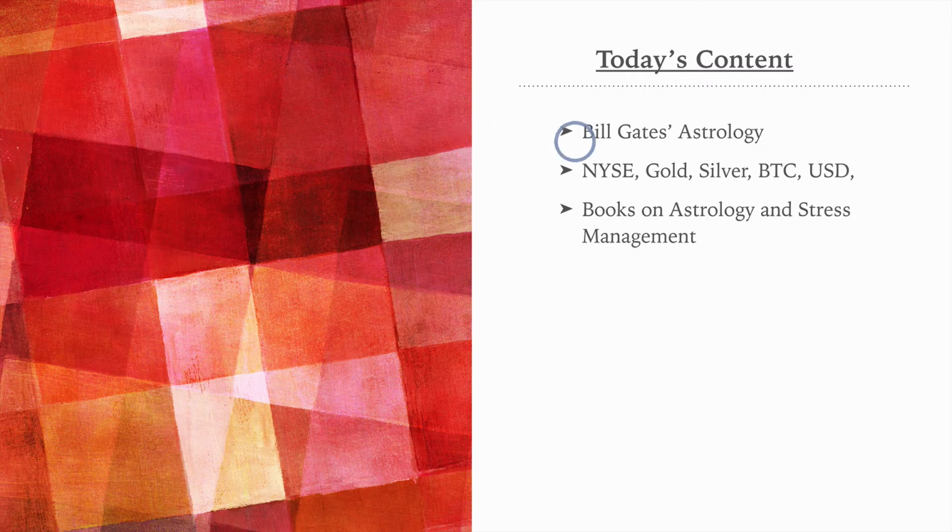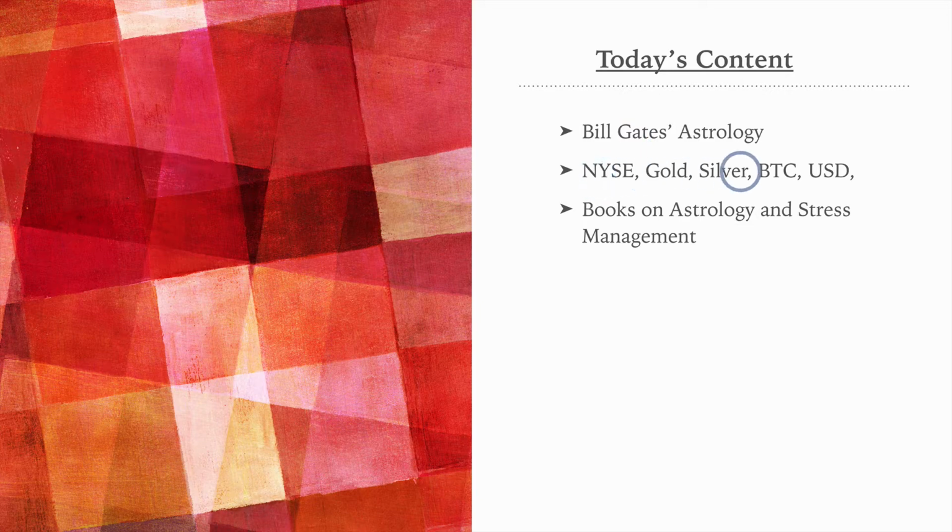And today we're going to look at Bill Gates' astrology, mostly just because I am just curious. I just wanted to see what it looked like, and I have some extra comments to make about interpretations in general, because it came up when I started looking at his chart.